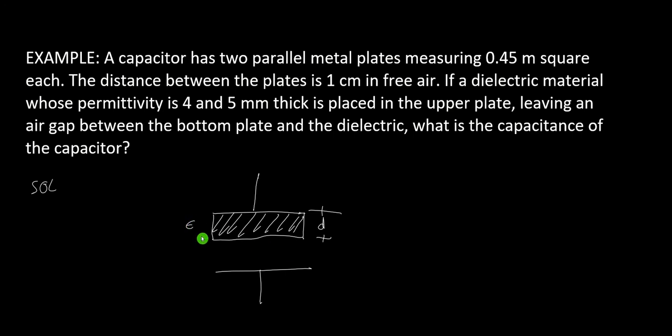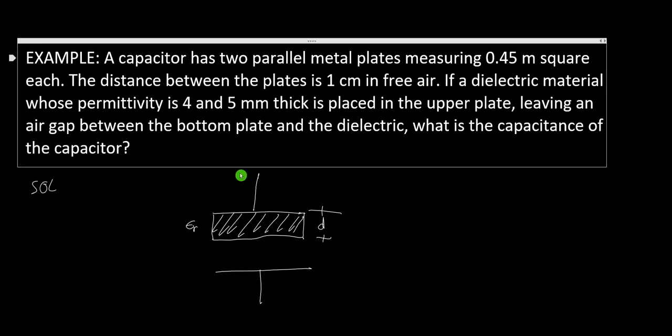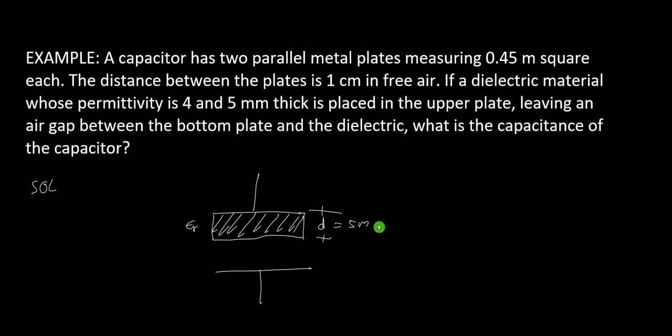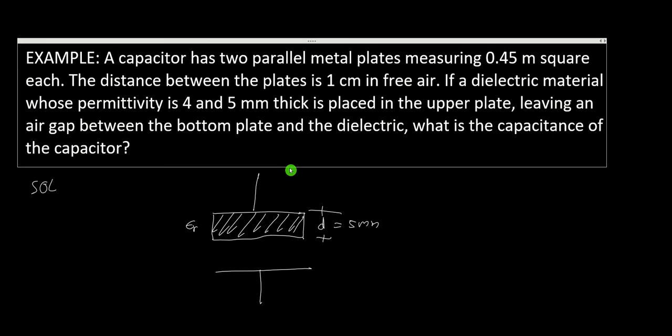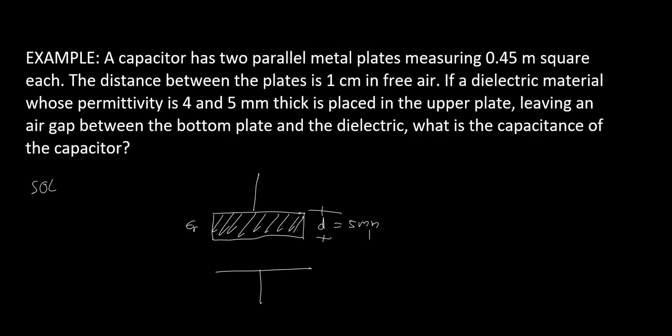So we have epsilon R here, and that's just equal to 4. This is 5 millimeters thick, and the area is 0.45 square meters, leaving an air gap between the plate and the dielectric. The distance between the plates is 1 centimeter. So we can just rename this.